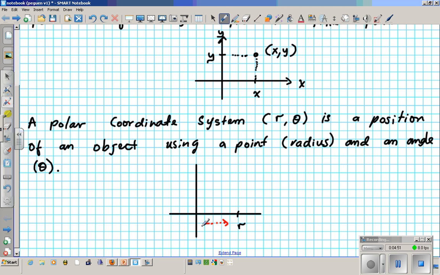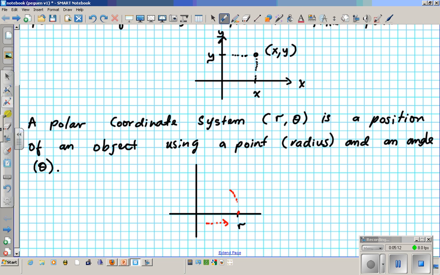So this is r right here, and then from here you're going to rotate at a certain angle. When you rotate, remember the length doesn't change. You're just going to rotate a little bit, at an angular measure of theta.